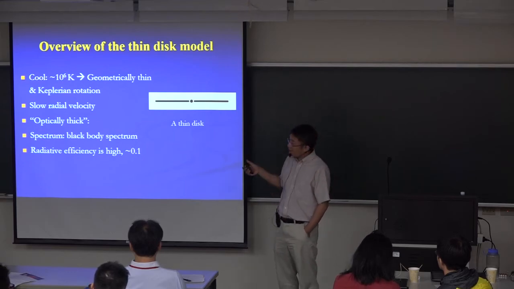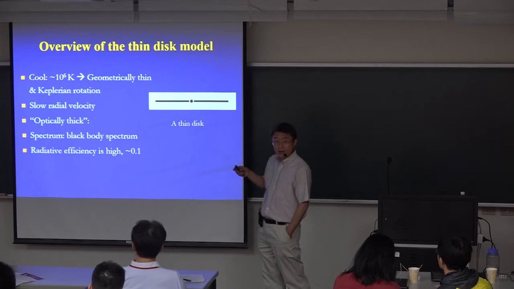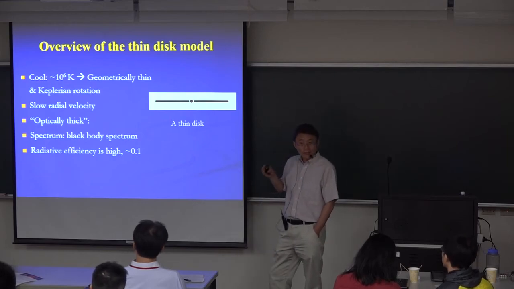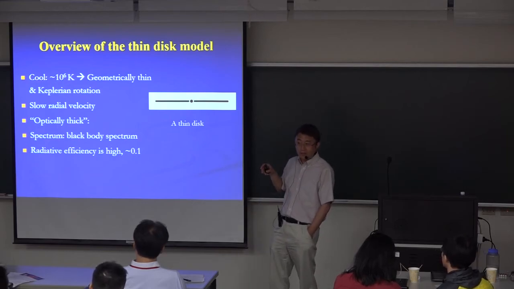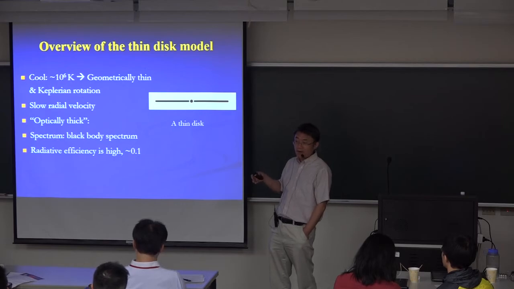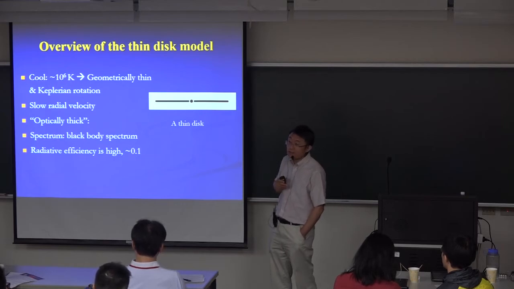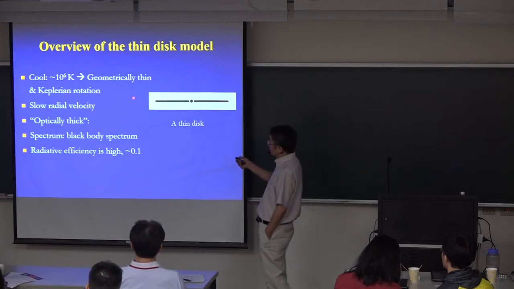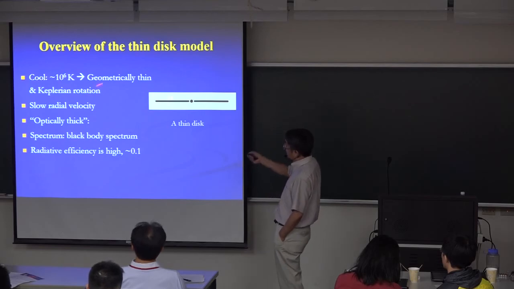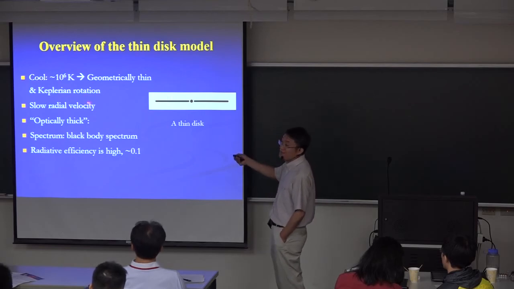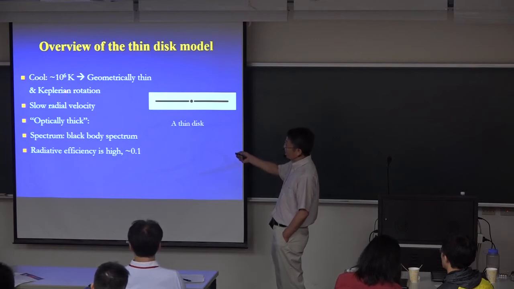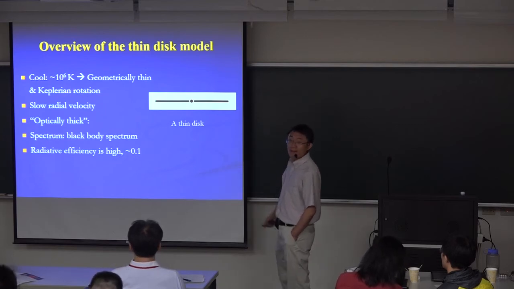For thin disk, because the temperature is quite small, the gradient of the gas pressure can always be neglected compared to the other two forces. So this is why the rotation of the thin disk is always Keplerian. You will see for thick accretion flow, hot accretion flow, this is no longer the case.